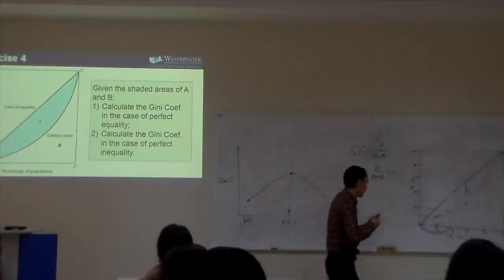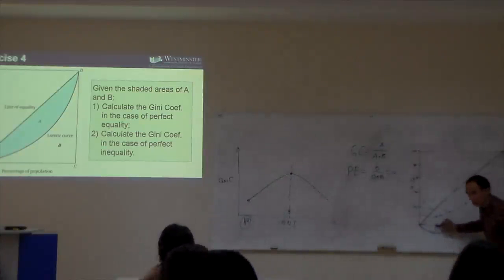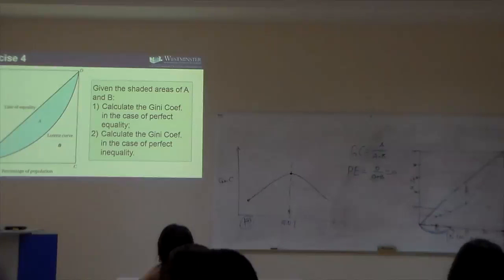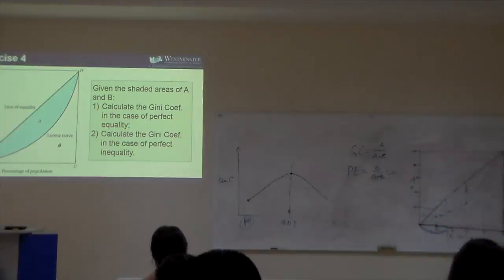Okay? So now we look at it graphically. Which means 20% of the population are earning 0, 30%, 0, 99%, 0. But there is only 1% who earn everything. Which means the Lorenz curve in the case of perfect inequality will be the horizontal and vertical line.